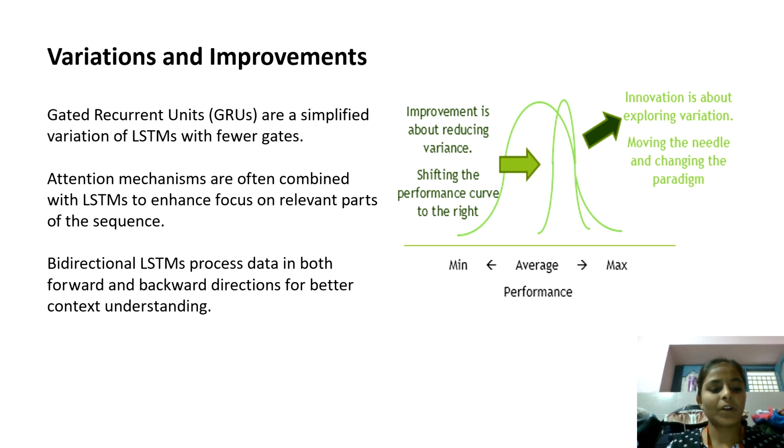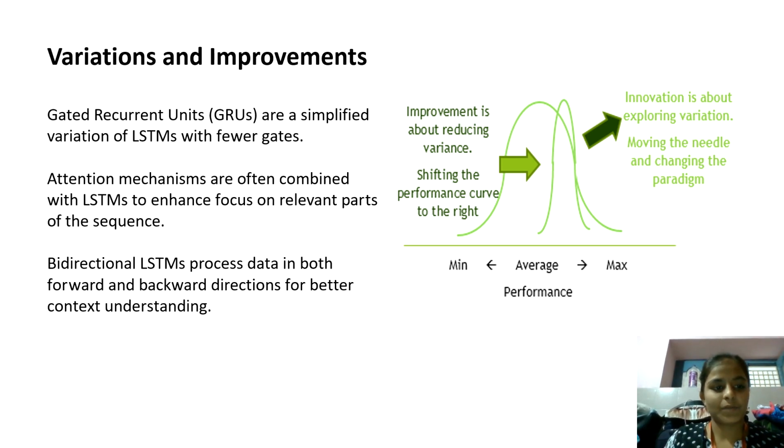Attention can help the model focus on the most relevant parts of the sequence. There are also bidirectional LSTMs. They process the information in both forward and backward directions, which can provide better understanding. These variations help improve the performance and flexibility of sequential models.